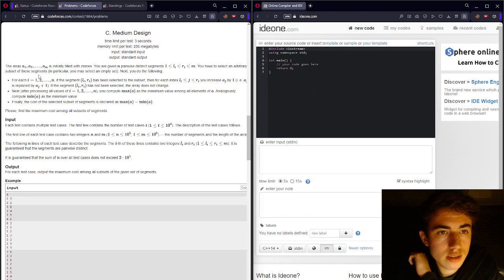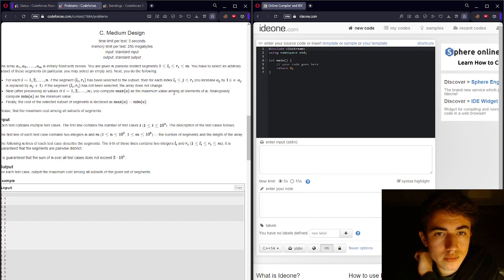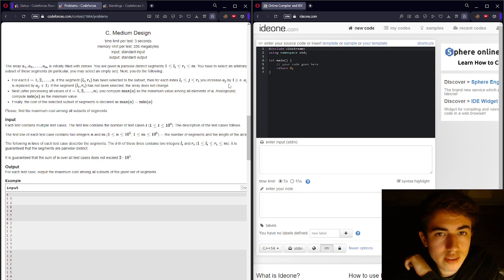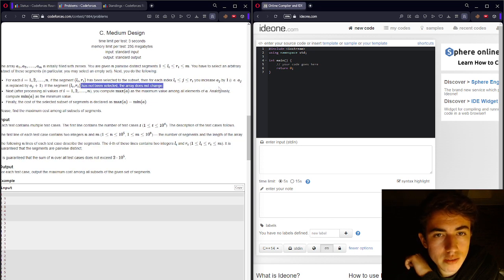Subset. Alright, for each index in each segment in order, you increase a[i], and you increase that value.